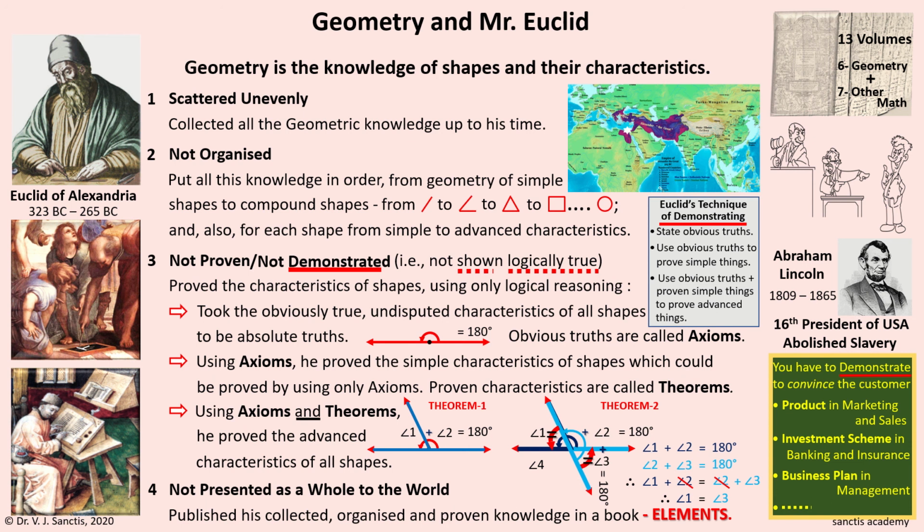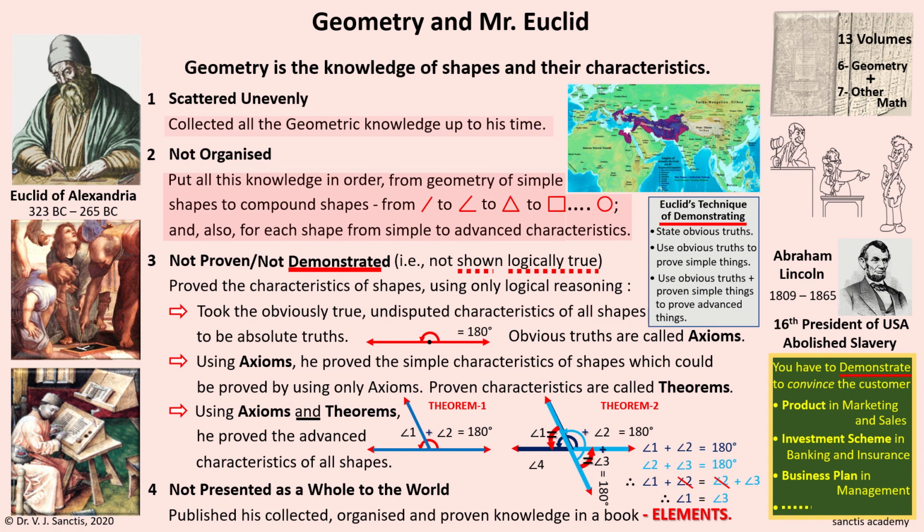The purpose of this video was to see the contributions of Euclid to geometry. And what we saw is that Euclid had solved all the 4 problems of geometry. Firstly, he had collected all the far-flung knowledge of geometry. Secondly, he had organized all the collected geometry from simple shapes and characteristics to difficult.